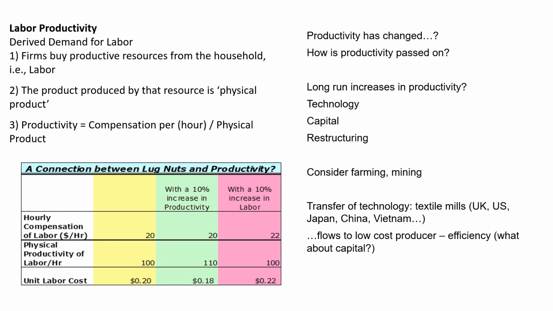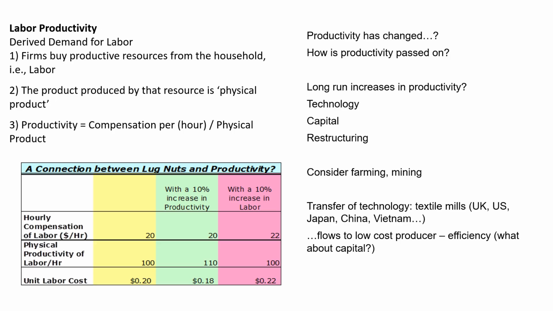So there's an expression called the derived demand for labor. And what that means is where the demand is actually coming from for the labor. On the one hand, it's going to be the firm demanding that productive resource, labor, in order to produce goods and services for whom?